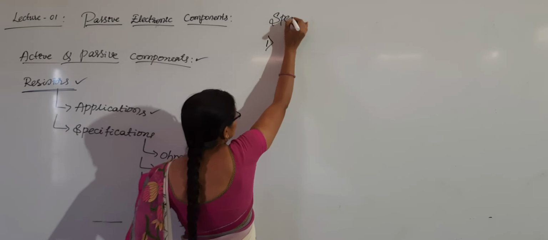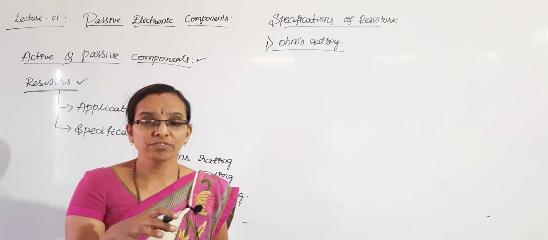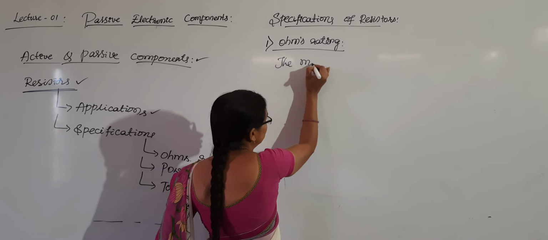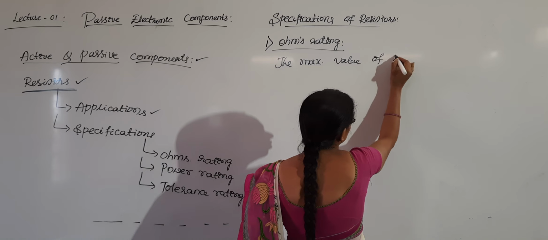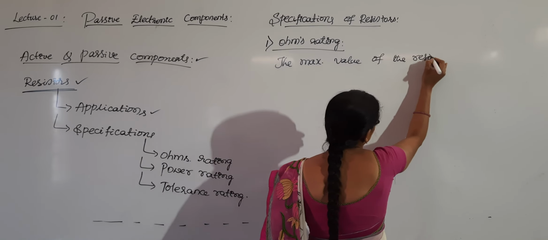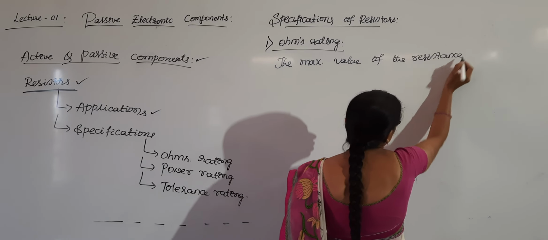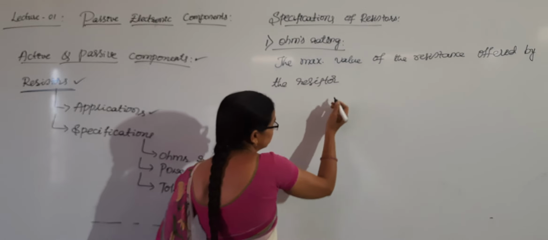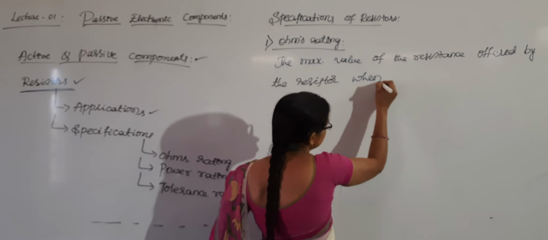Ohm's rating in the sense, the maximum value of resistance that is offered by the resistor when it is used in the circuit.